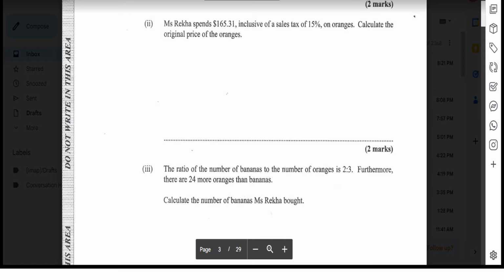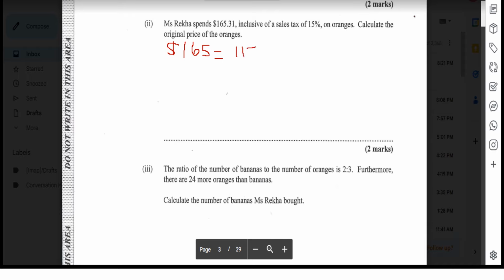So that we will now pull the marker and we will write that the 165.31 is equal to the price plus the sales tax of 15%.